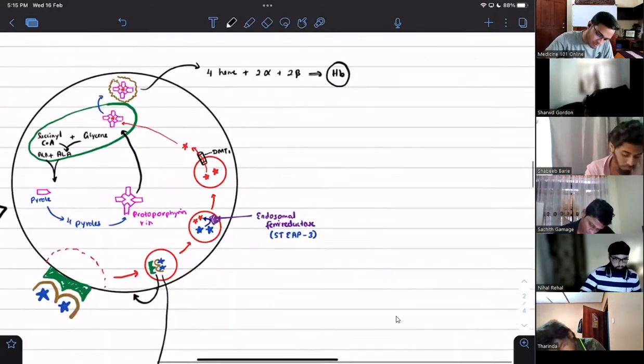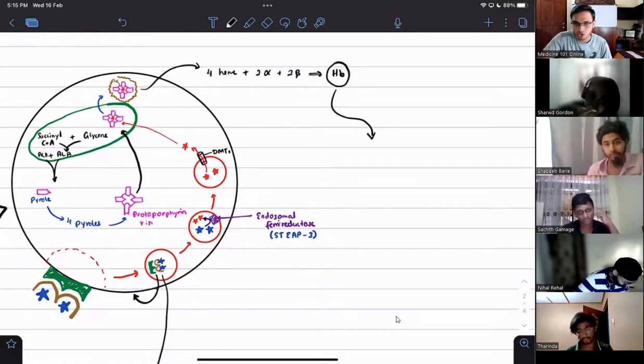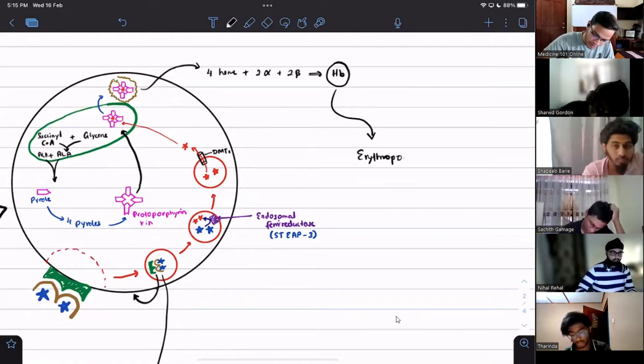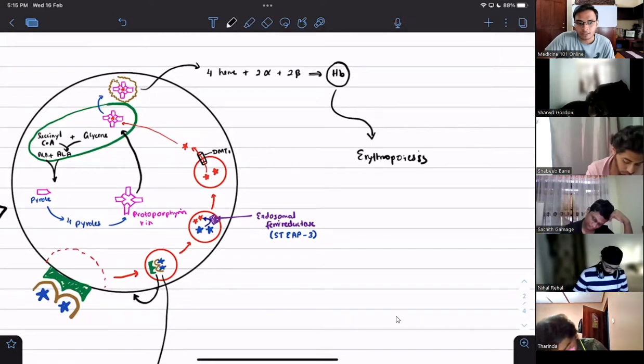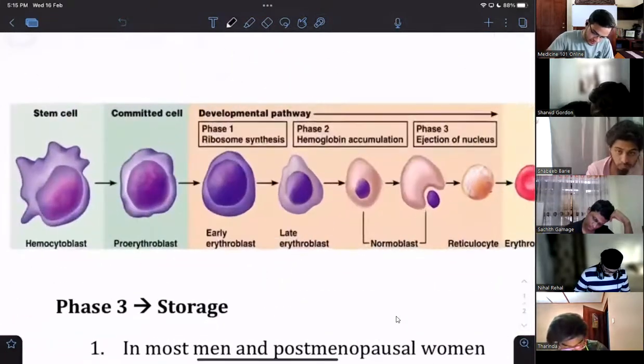Now this hemoglobin will be used for what? It will be used for erythropoiesis. I have put a diagram, guys, in your skeletal note. Here, look at this.